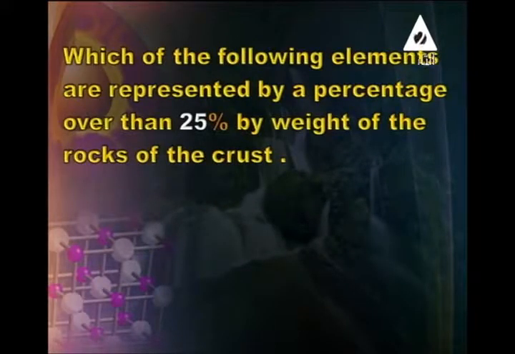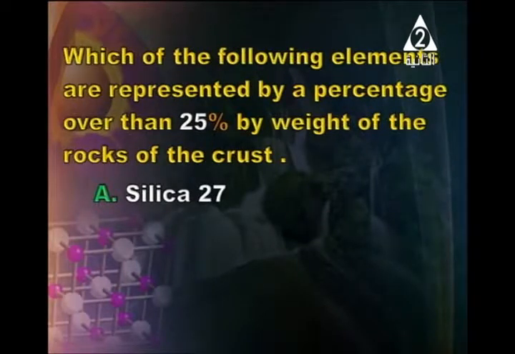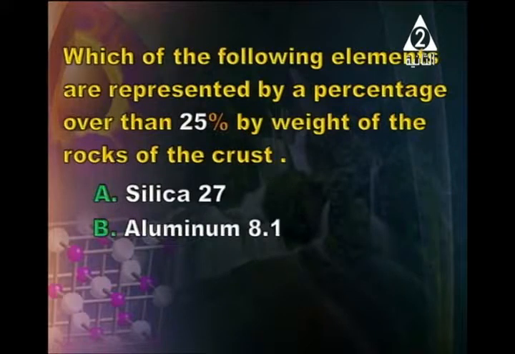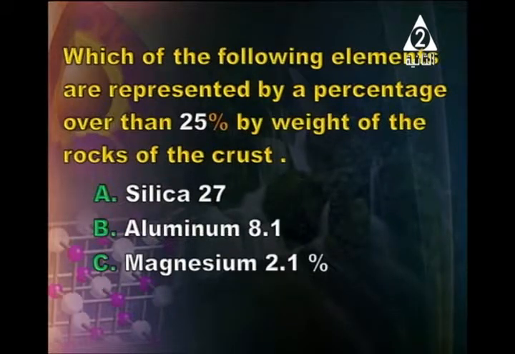Which of the following elements are represented by a percentage of over 25% by weight of the rocks of the crust? We have for our options silica, aluminum, magnesium, and iron.